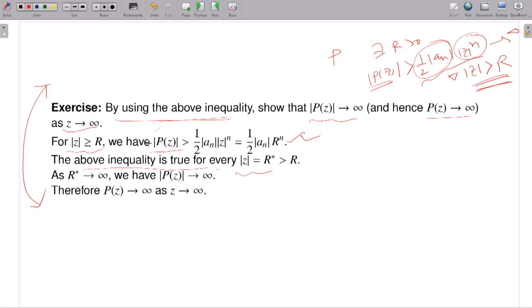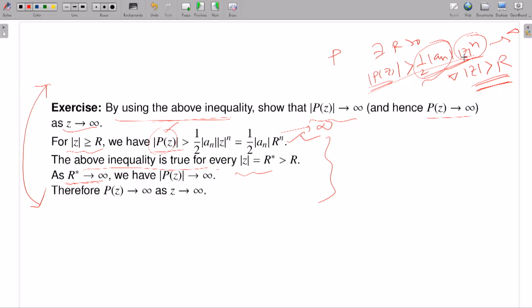So I can make this estimate also greater than half of mod n times R star to the power n. If I do that, then I conclude that if R star approaches infinity, then the right hand side approaches infinity and hence the left hand side. So this is the mathematical way of writing the object. In fact, it follows from this lower bound. As R star approaches infinity, that means I am taking larger and larger values of mod z, then this lower bound blows up because mod n is fixed.